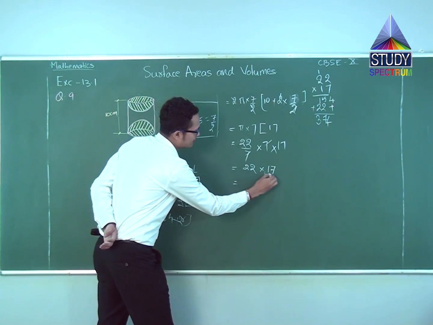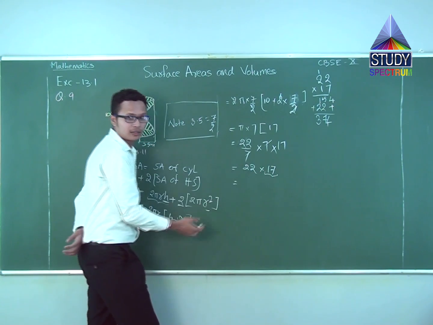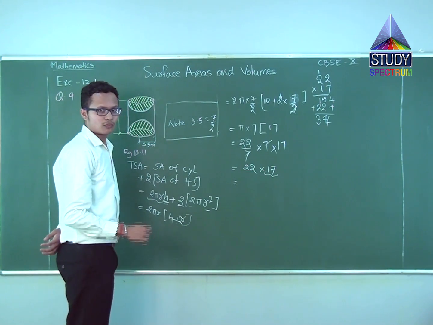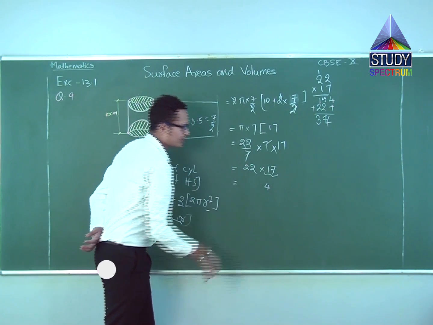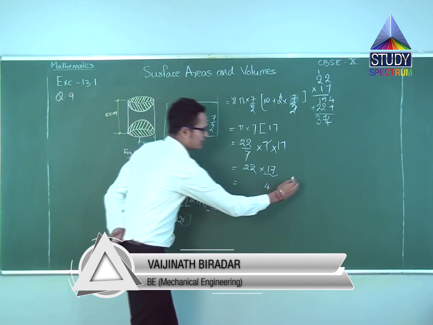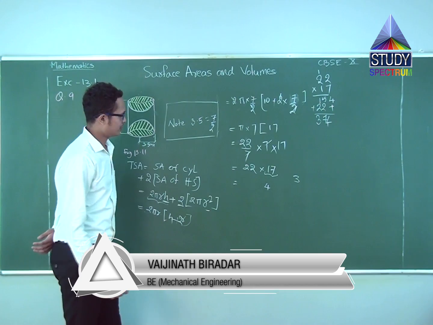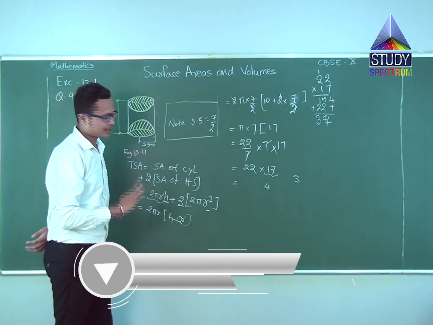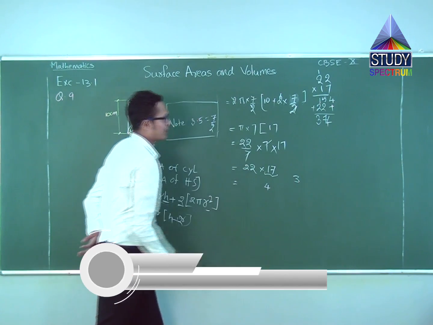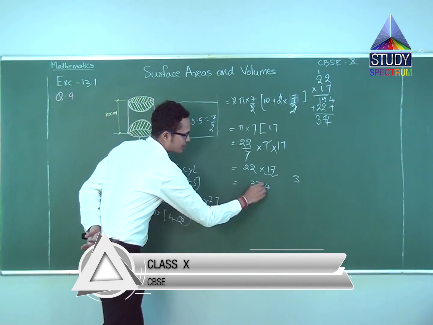Multiply this 2-digit 17 with 2. What do you get? 34. Write the units digit first and take 3 as carry forward. Now again multiply 17 with 2, which is 34, and add that 3 there. That is 374.